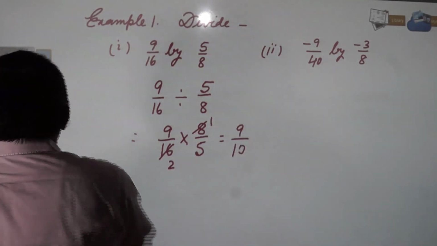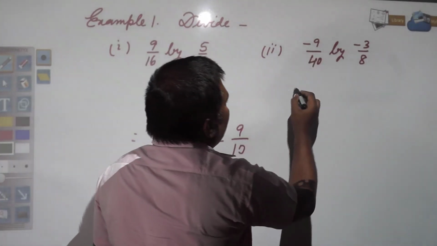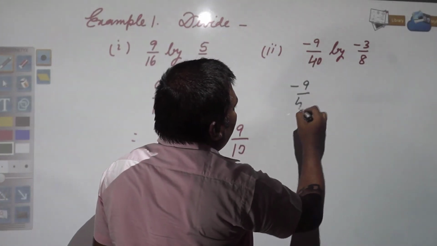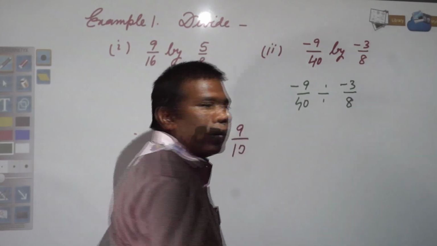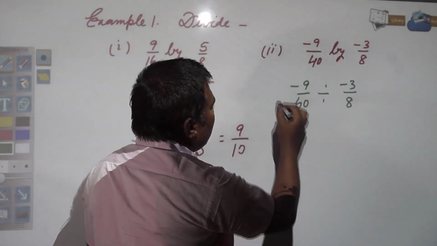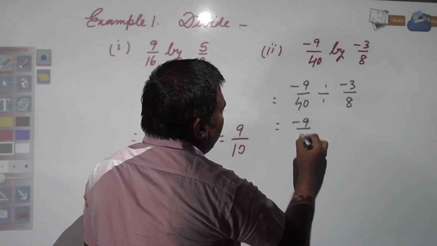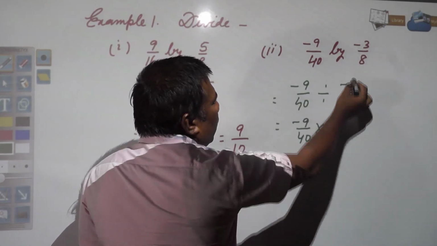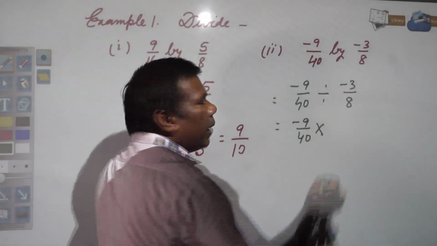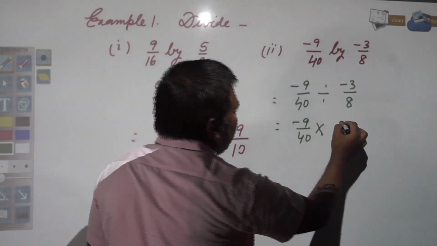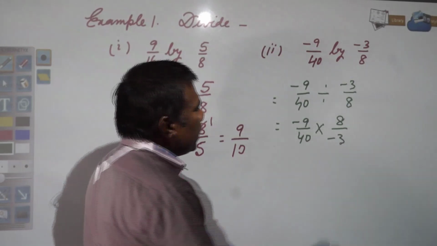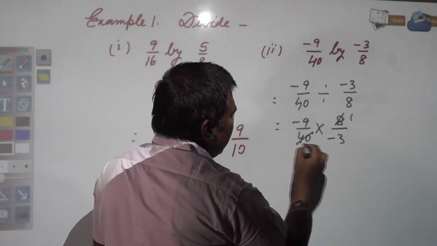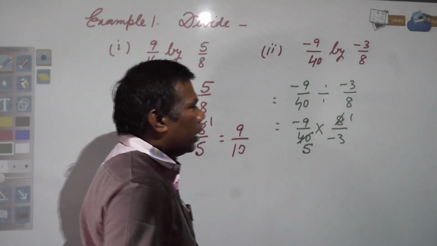Next you see what you have? Minus 9 by 40 divided by minus 3 by 8. So how can it be written? Minus 9 by 40 into the multiplicative inverse of minus 3 by 8, which can be written as 8 by minus 3. 8 1 is 8, 8 5 is 40.